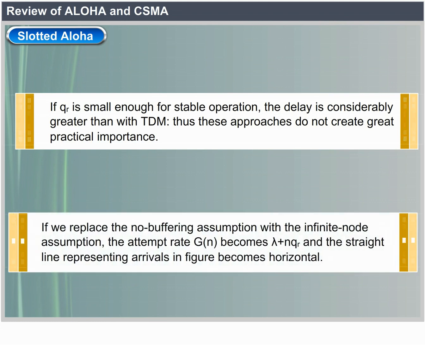If we replace the no buffering assumption with the infinite node assumption, the arrival rate g(n) becomes lambda plus n qr, and the straight line representing arrivals in the figure becomes horizontal.